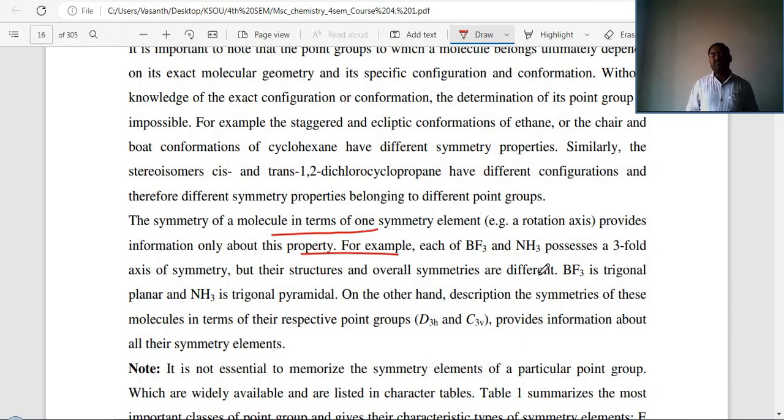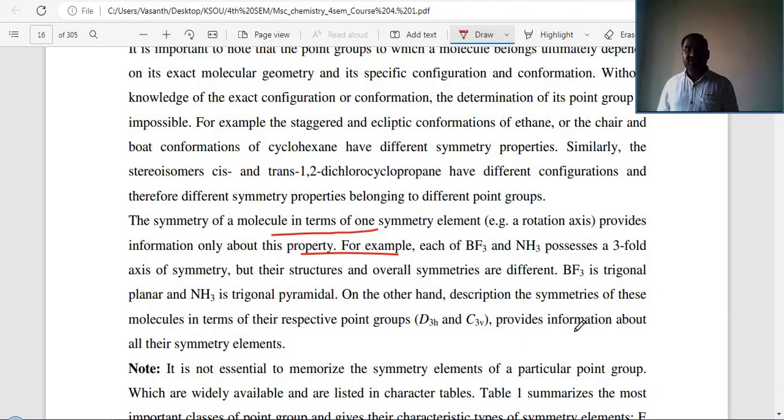For example, both BF3 and ammonia possess a threefold axis of symmetry, but their structures and overall symmetries are different. BF3 is trigonal planar and NH3 is trigonal pyramidal.